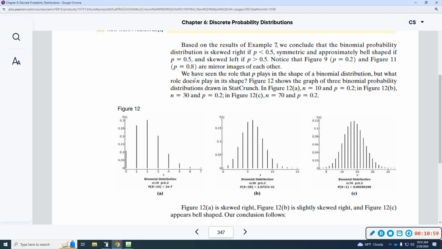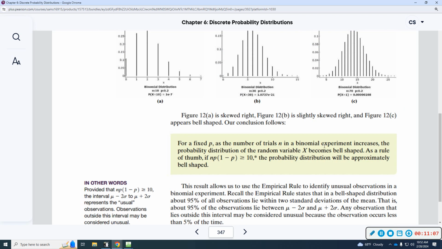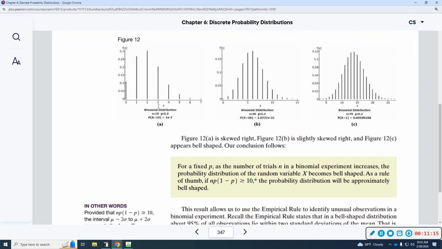You also have different shapes based on n, so the number of trials. As your number of trials increase, and I think that's what this is telling you here, so you got some fixed probability of success. As your number of trials increase, more and more trials, your graph gets closer and closer to bell-shaped.